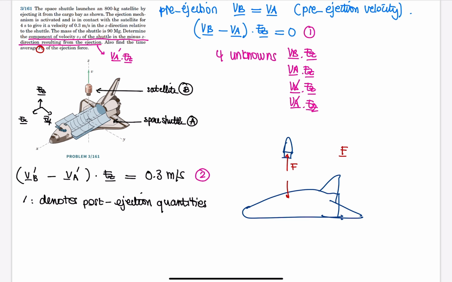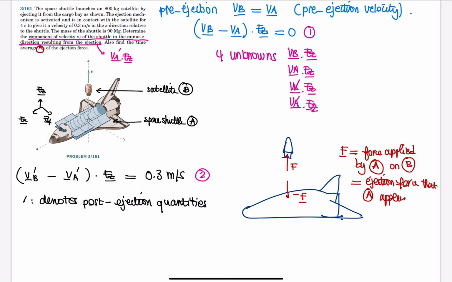That would be F and that would be minus F. So F would be then the force applied by space shuttle A on B. So that would be equal to the ejection force that A applies on B. And these are the only two forces acting on this system.